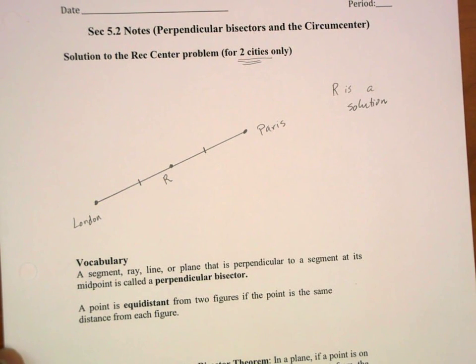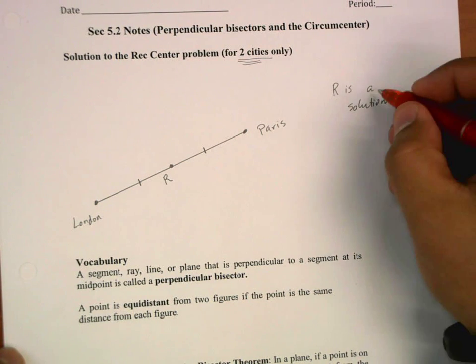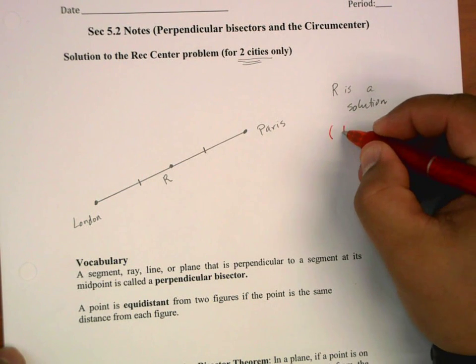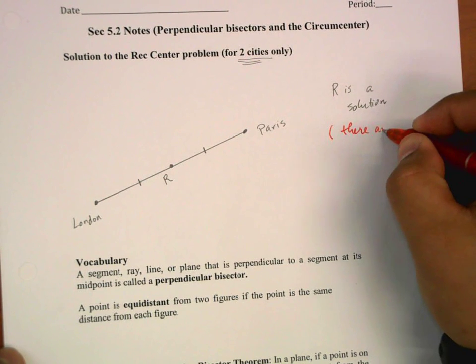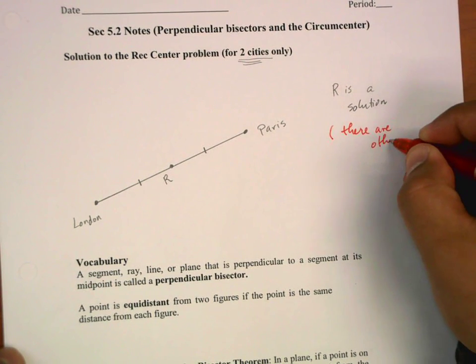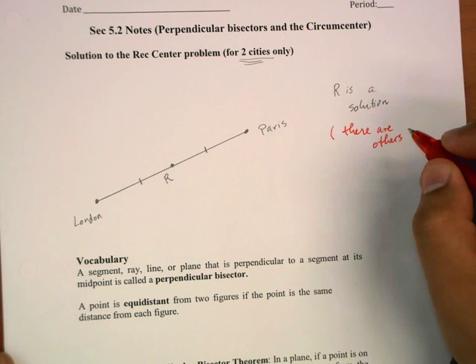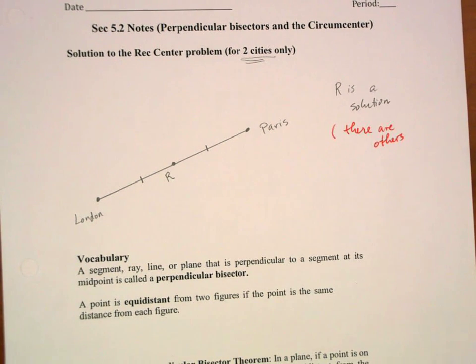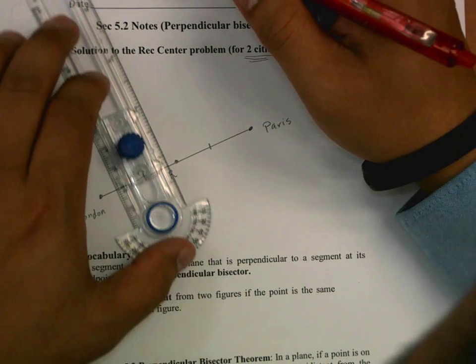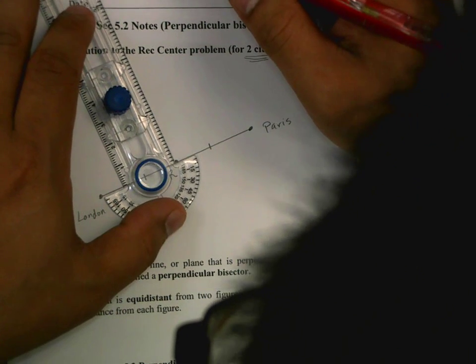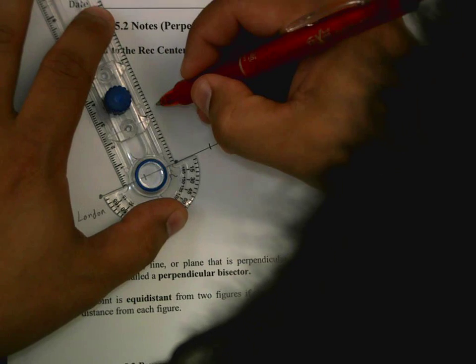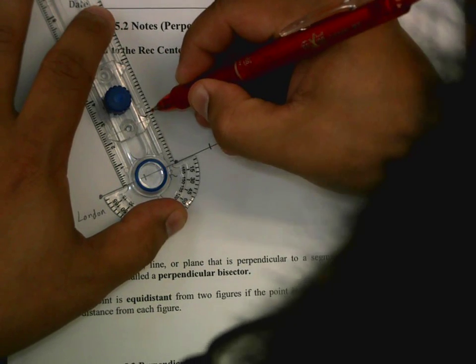Now the key here is that it is not the only solution. It is a solution, not the only solution. So there are others. One other solution that may work, and let me see if I can draw it out here, is another dot up here.